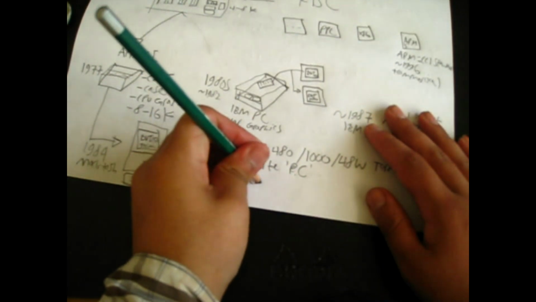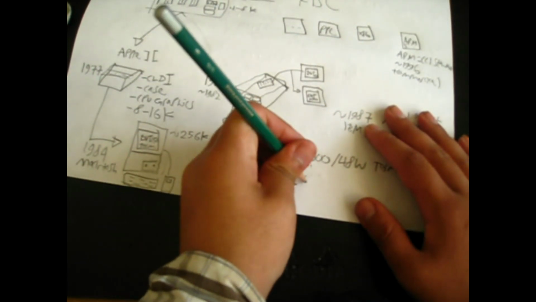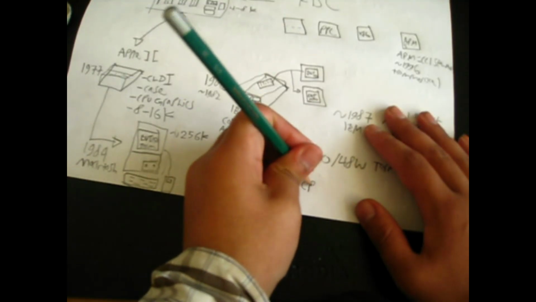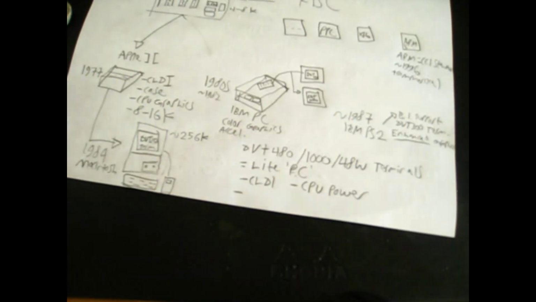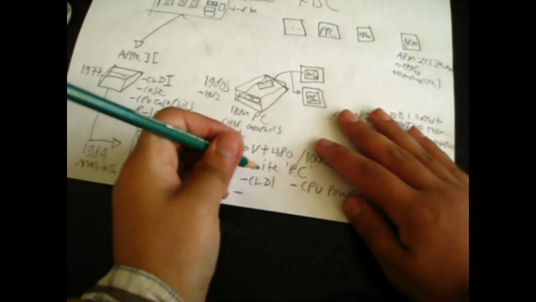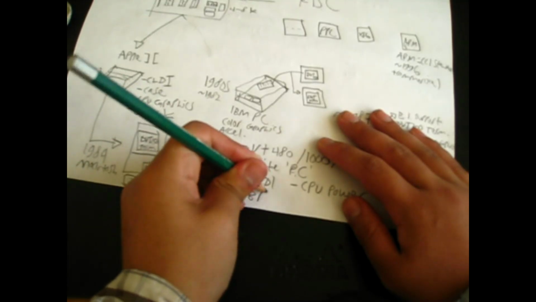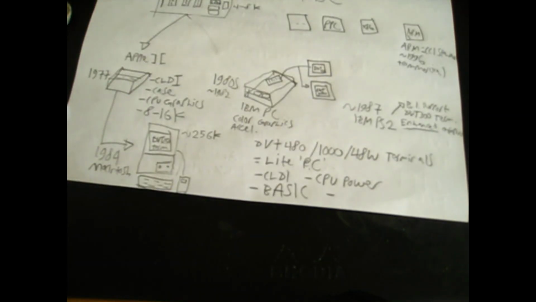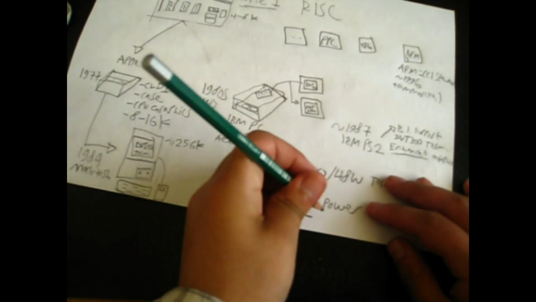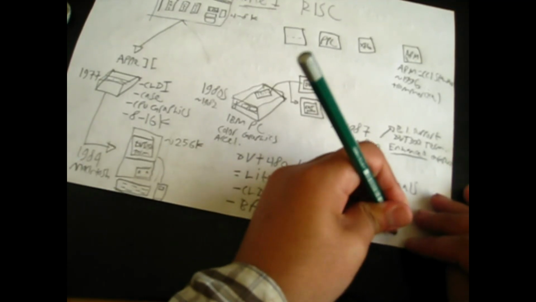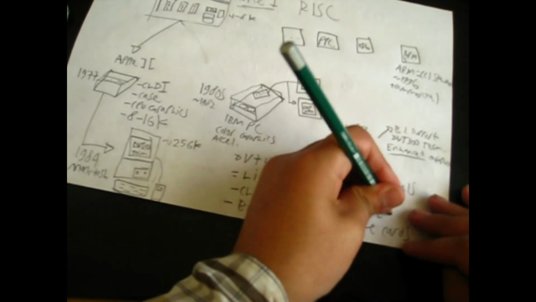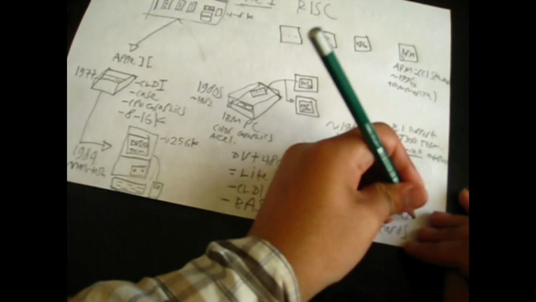So it would still have CLDI, they would still have their own CPU power, and they might even, or actually are likely to support a version of BASIC and even have the ability to connect to hard drives, cards, and an expansion slot for things like games and bootloaders.